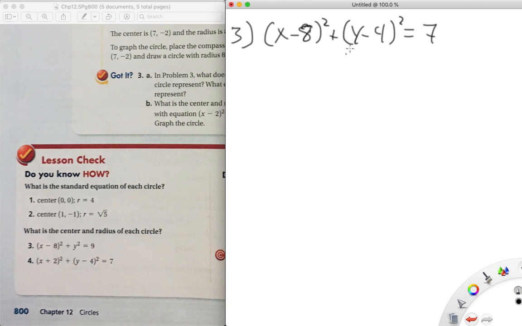Alright, so here's my h, here's my k, so that would be my center. So the center would be 8 and 4, and then remember this is radius squared, so in order to find the radius I would square root that 7. So the radius is the square root of 7.